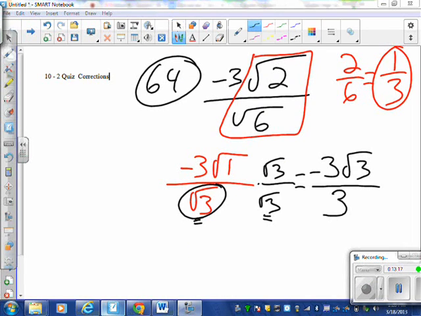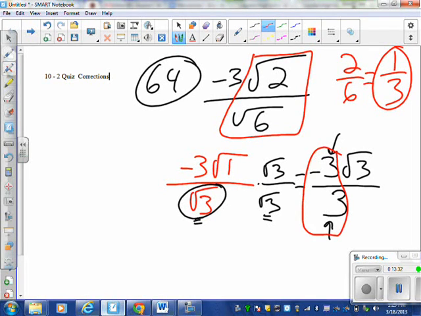My calendar blacked out. My last step of this problem, I have a negative 3 up on top, and I have a 3 on the bottom. Those two numbers go together. So if I'm looking at this just like I did up here with this fraction, I'm going to look at that as negative 3 over 3, which then would reduce to negative 1 over 1.